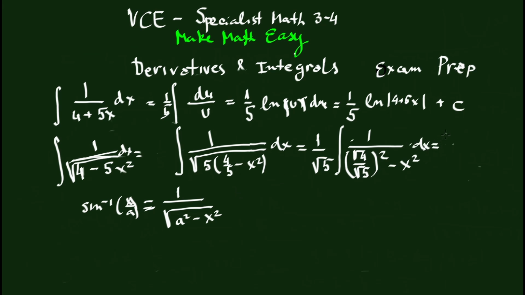Our final solution will be 1 divided by square root of 5 times sine to the power minus 1 of, and our a is square root of 4, which is 2, times 2 times x divided by square root of 5 plus c.